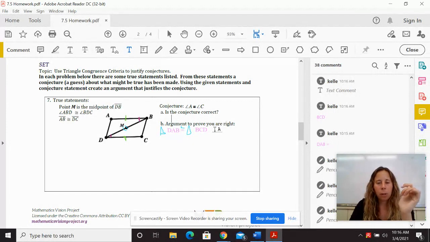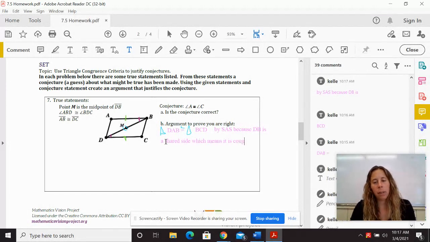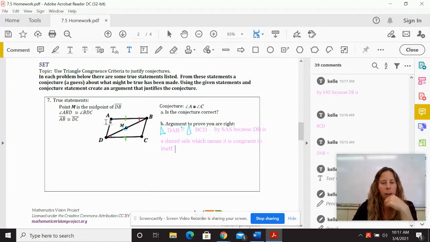So I have congruent triangles by side angle side because DB is a shared side, which means it is congruent to itself. So then, if my triangles are congruent, is angle A equal to angle C? Well, I just said it was.